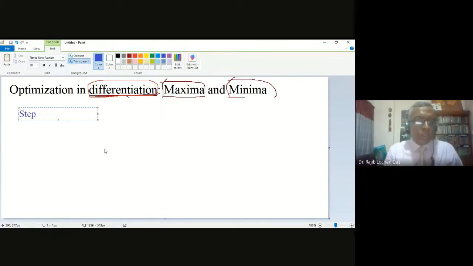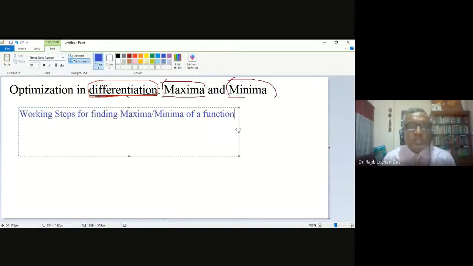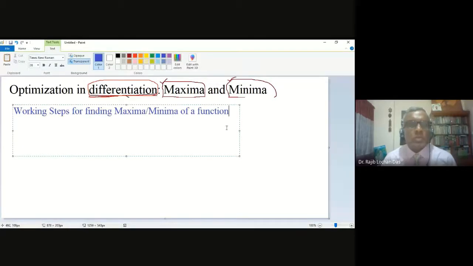Now I am showing you the working steps for finding maxima or minima of a function. I'm just writing the steps here. You copy all these. This is important. You will follow the steps.